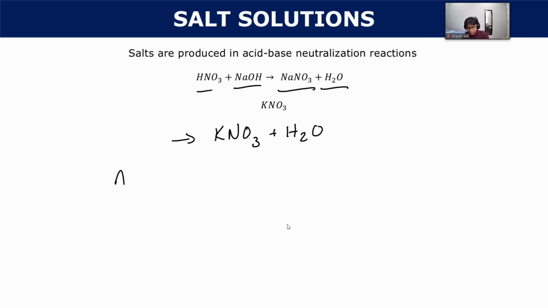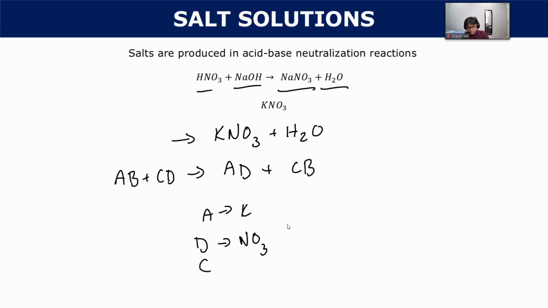And so AB plus CD is going to produce AD plus CB. So if we know our A is going to be K, and our D is going to be NO3, our C is going to be H. Remember, water is just HOH, and B is going to be OH.